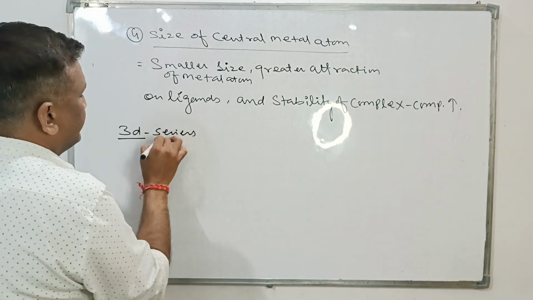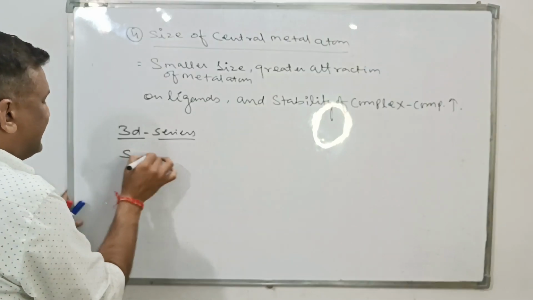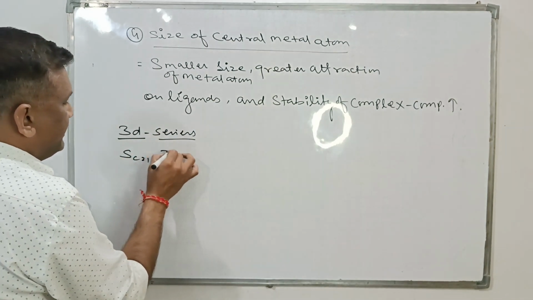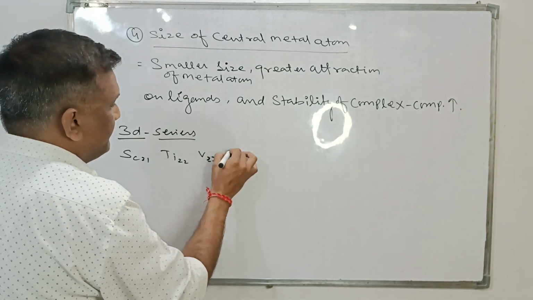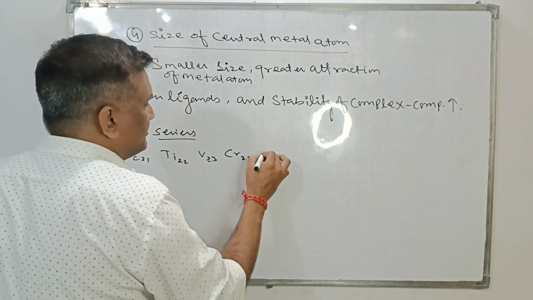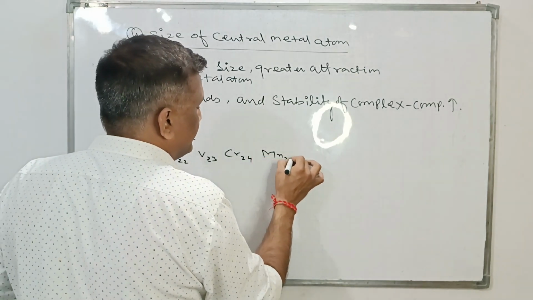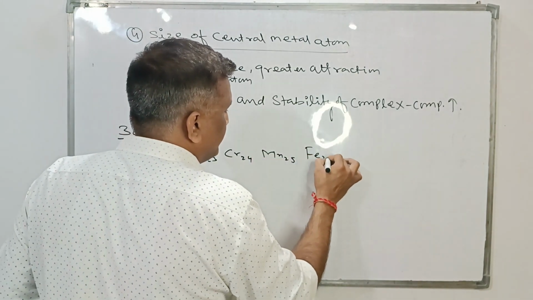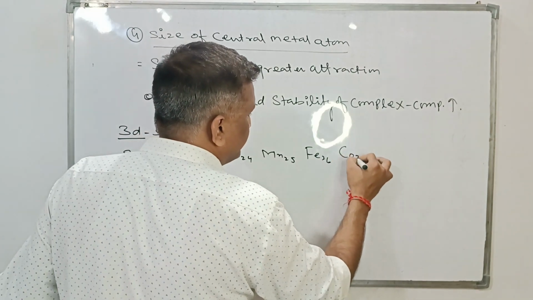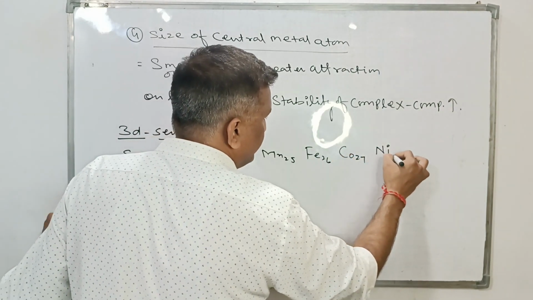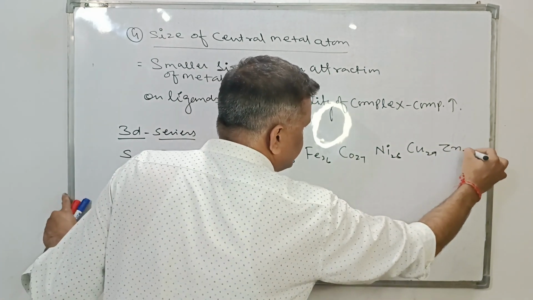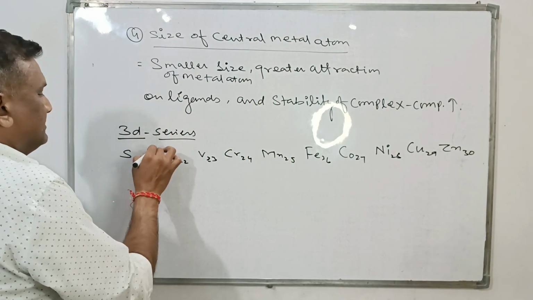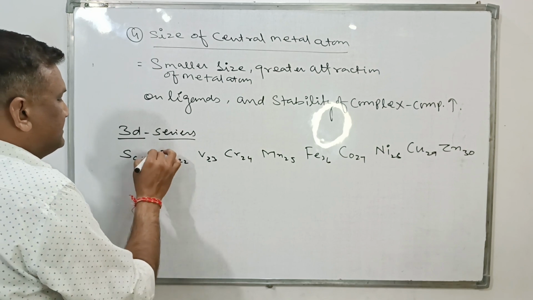If we go with the 3d series, it's scandium, titanium, vanadium, chromium, manganese, iron, cobalt, nickel, copper, and zinc 30. This is the sequence of size.